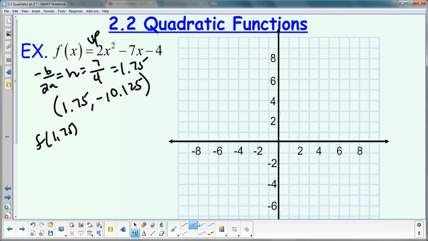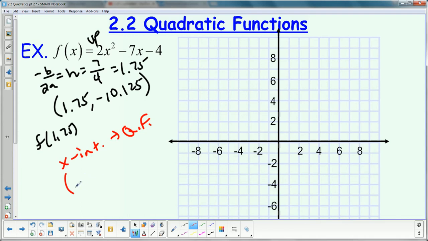So that's our vertex. Next thing we want is our x-intercepts, which means, again, we are doing the quadratic formula there. Okay, so I'm going to say that a is 2, b is negative 7, and c is negative 4.